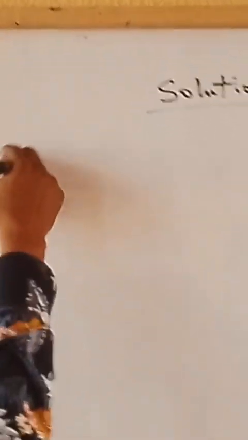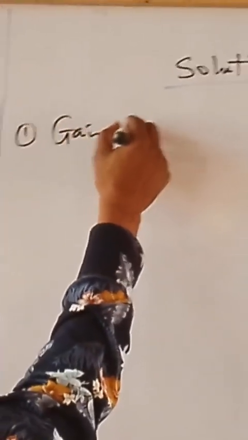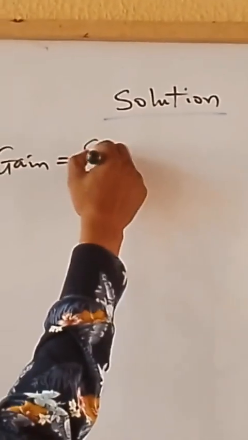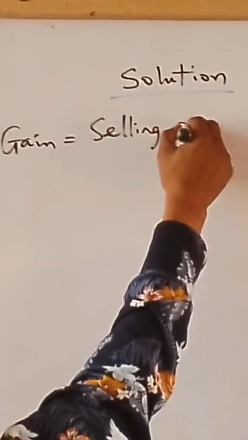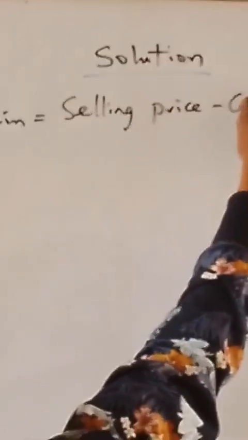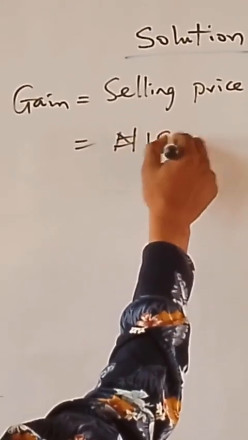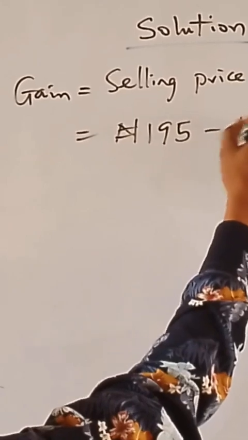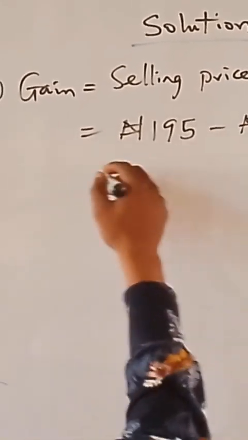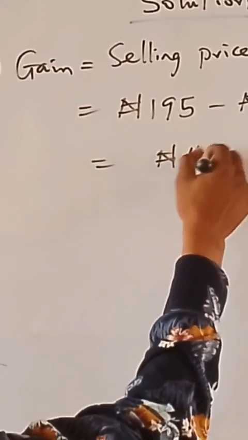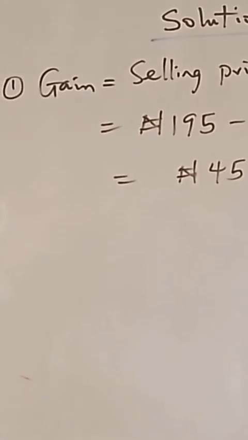So for us to calculate the gain or the profit, they are equivalent. Gain will now be selling price minus cost price. Then we are going to have 195 naira minus 150 naira, which gives us 45 naira.